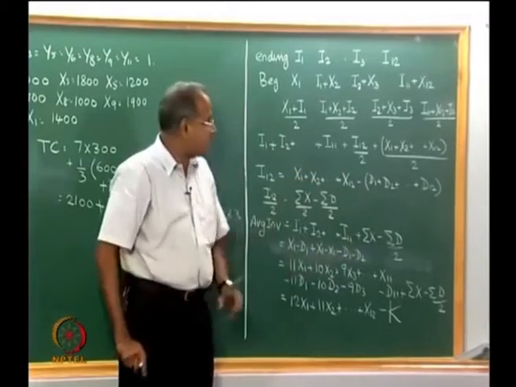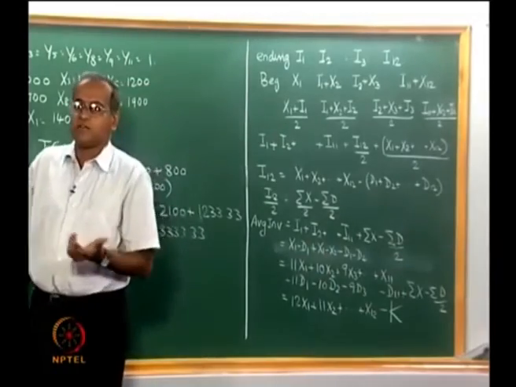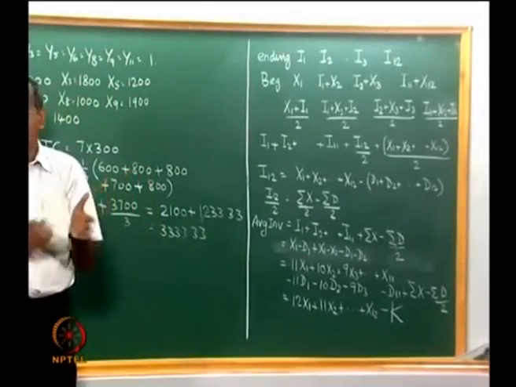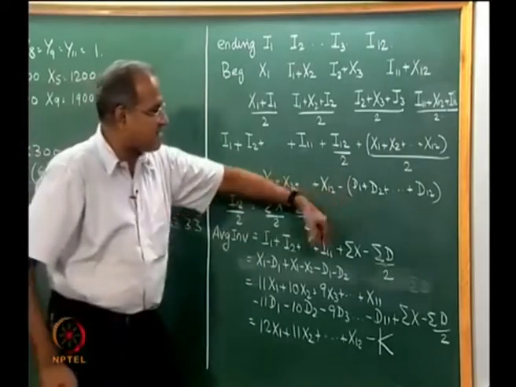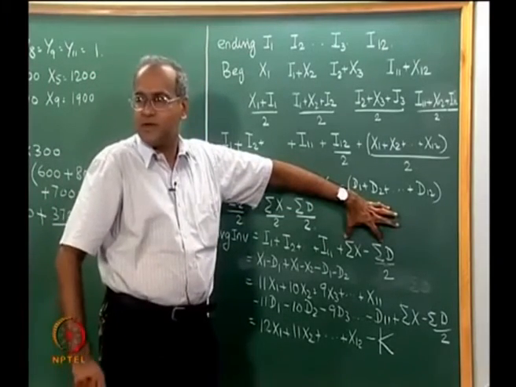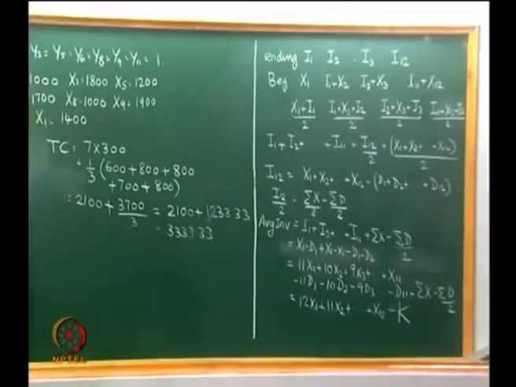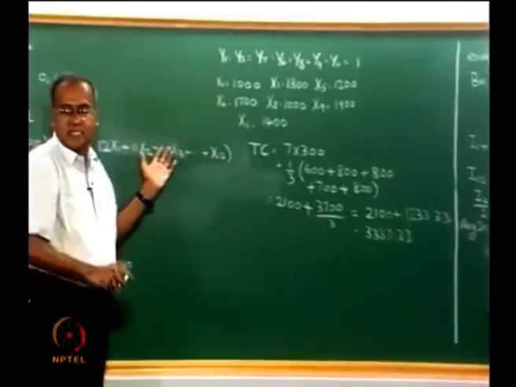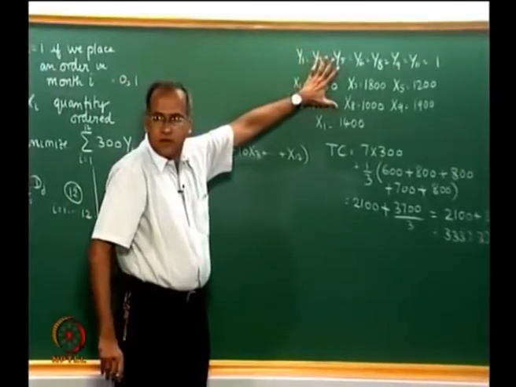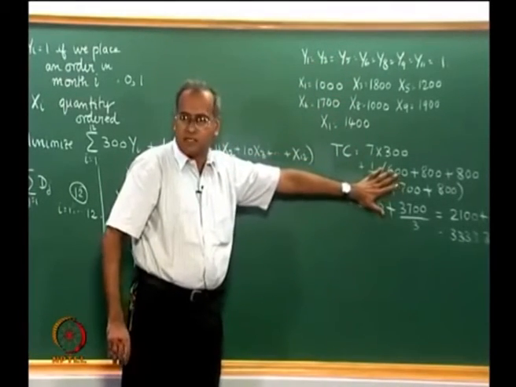By the same reason, sigma x will be equal to sigma d, because when the initial inventory is 0 we will not buy and then finally keep it as final inventory. So this term will essentially become a constant. So average inventory would also lead us to the same solution. We have already seen the optimum solution, the problem does not change. The only change is in calculating the total cost.